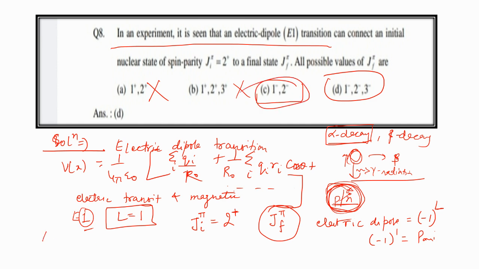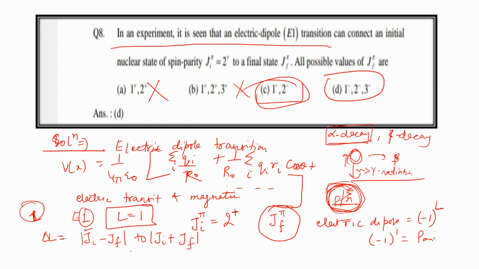Now delta L is changing by 1, right? So to find delta L, we will do Ji minus Jf to Ji plus Jf.